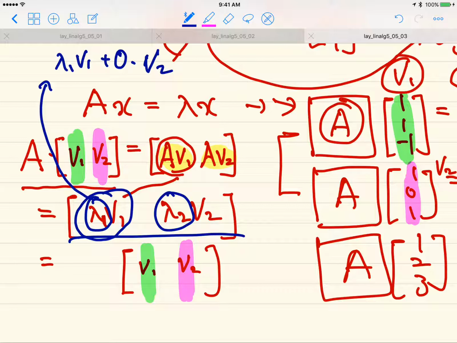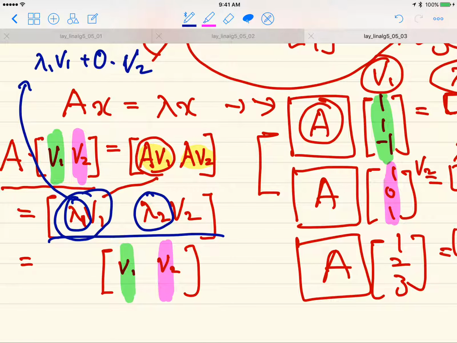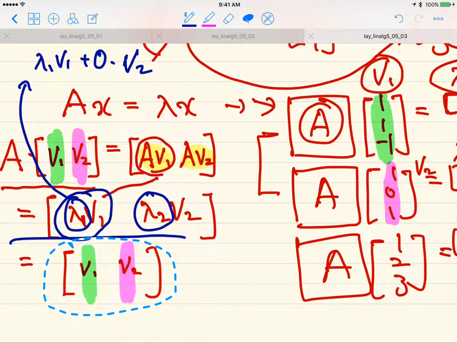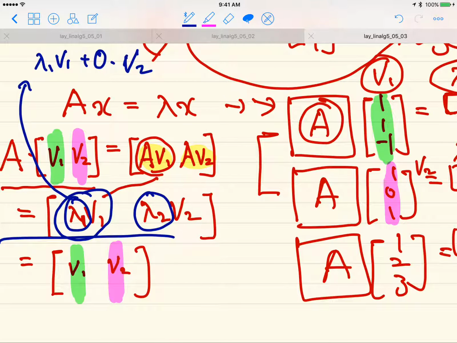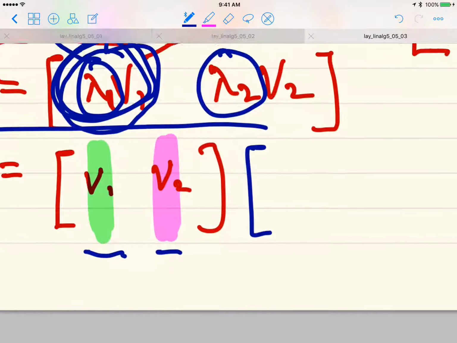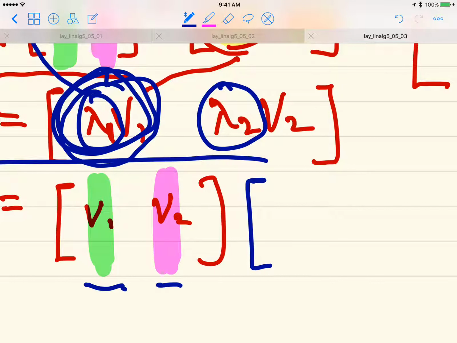And so the first column, let's see. Okay, so we can represent this first column by the linear combination of those two columns, by using the linear combination coefficients lambda 1 and 0.